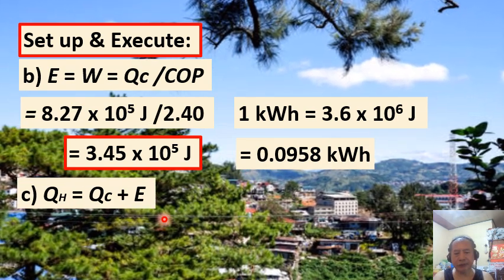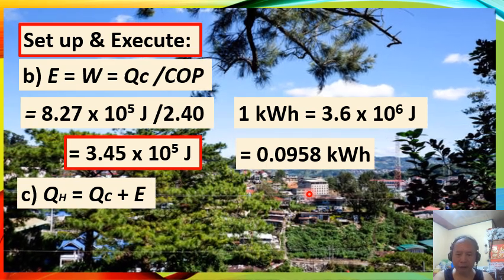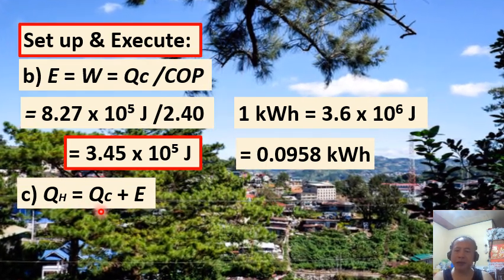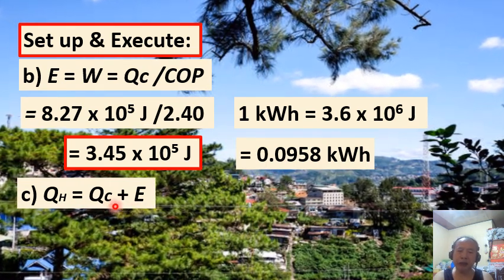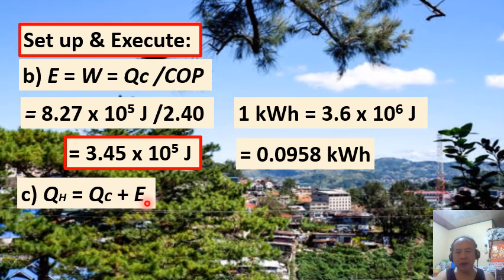That surrounding is also known as the hot reservoir. And it is determined by simply adding the amount of Q sub C and the electrical energy consumed, or Q sub C plus capital E.